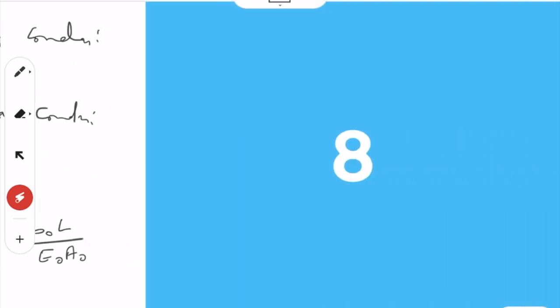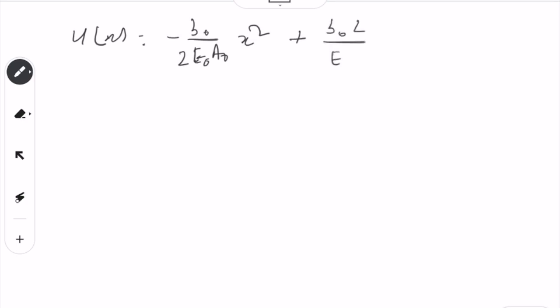I will rewrite it here, and we will see what the meaning of that is. We get u of x equal to minus b naught over E naught A naught, and then we have x square over 2, plus b naught L over E naught A naught times x. So this is u basically, and if you plot it, how should it look?